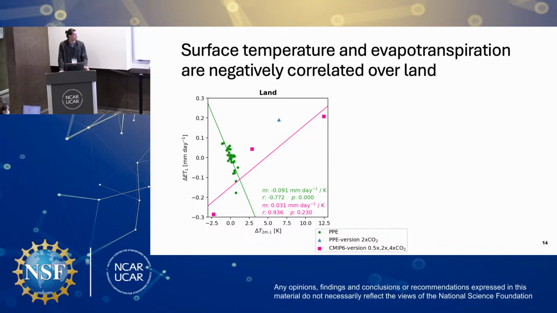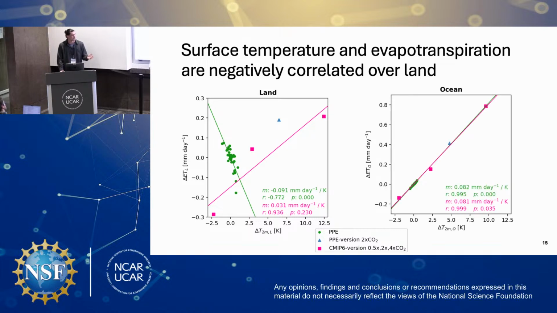Here I'm showing in the pink squares the CO2 forced simulations from CMIP6 with CESM at 1/2, 2 times, and 4 times CO2, and that has a positive correlation. The way to understand this is that for the PPE, the change in ET is driving the surface temperature change, whereas in these CO2 forced simulations, the ET is responding to the surface temperature change. I'll be reiterating this throughout my talk.